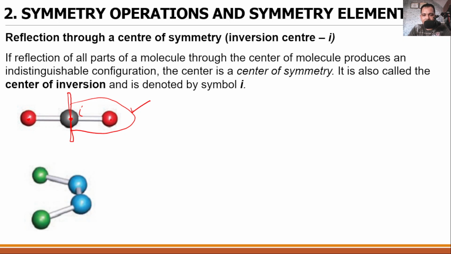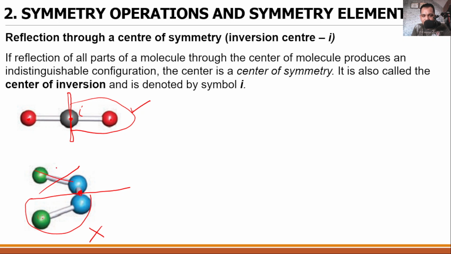Now, for the other, this is where it gets weird. This one does not contain a center of inversion. Why? When we place a mirror here, right? Inversion, inverted. It does not match the other part, right? Let's take this part and disregard this one. So, this is the center of inversion. This is its center.